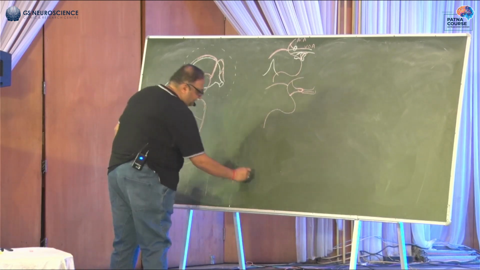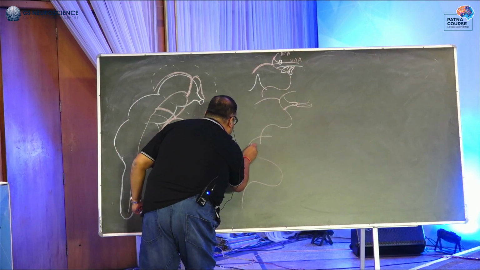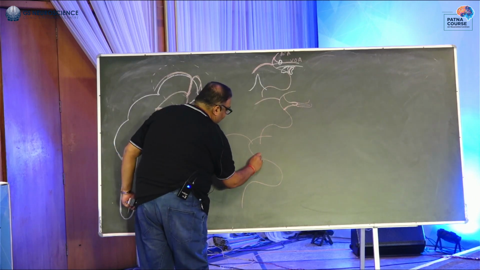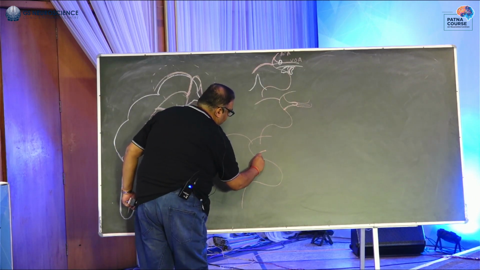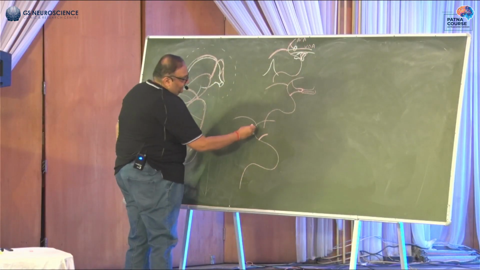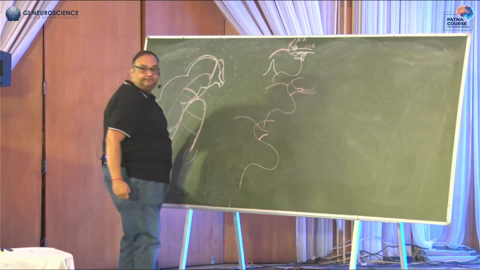In the third step, what's going to happen is this artery remains, the artery that is coming from the lower part of the carotid siphon. This artery remains, which is coming from the anterior cerebral artery.